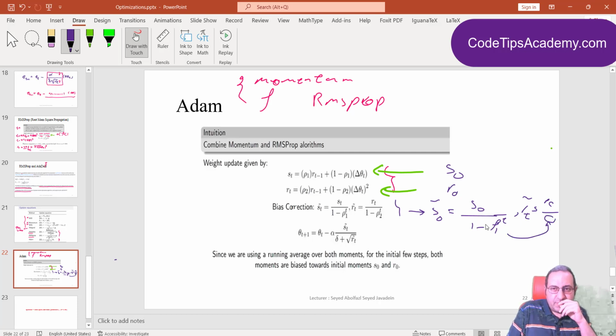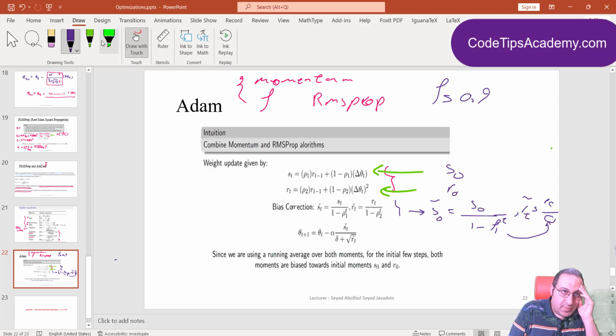Okay, what does this mean? We know from Geoffrey Hinton's suggestion that alpha is 0.9. But what does this mean?